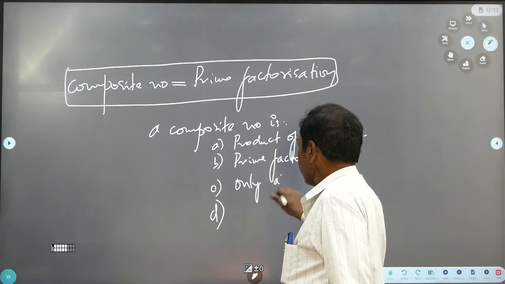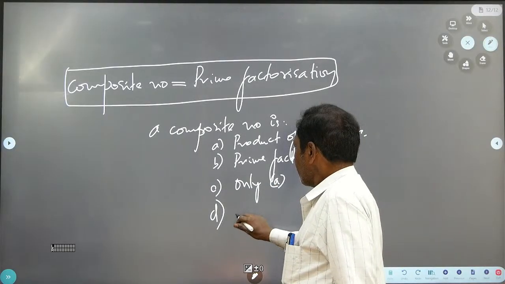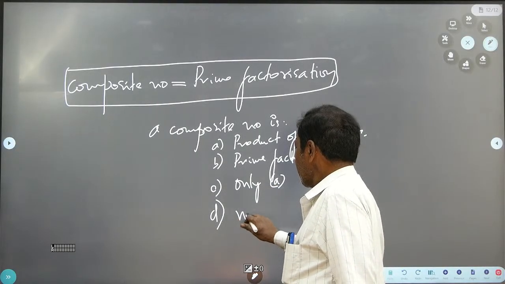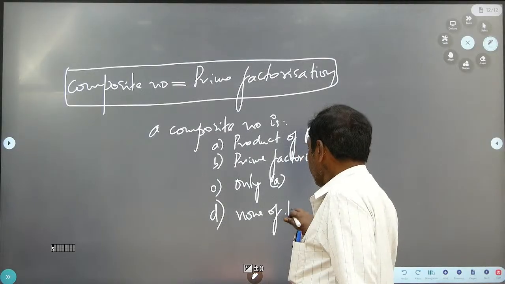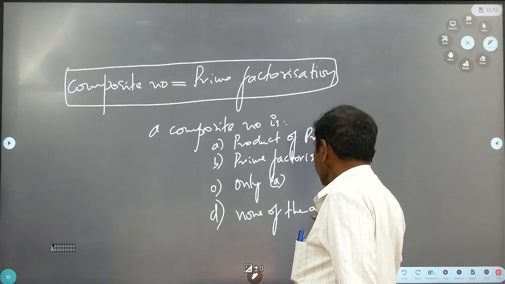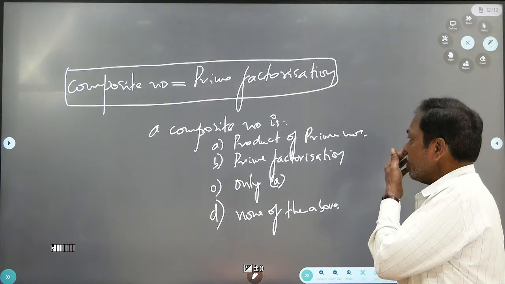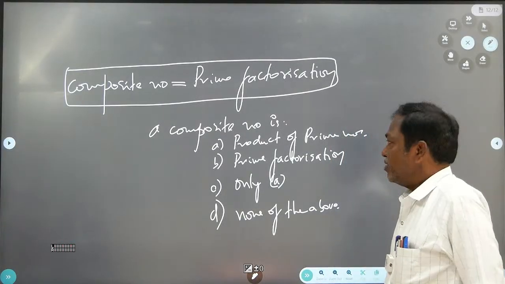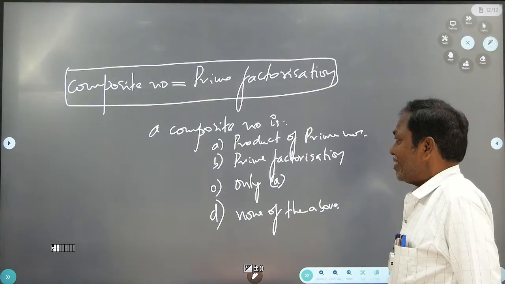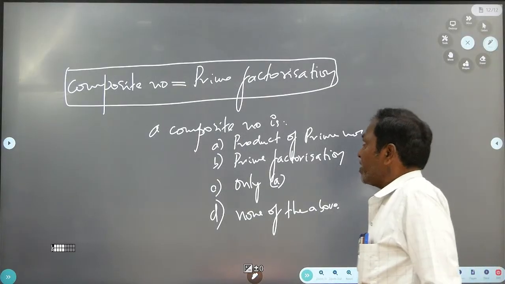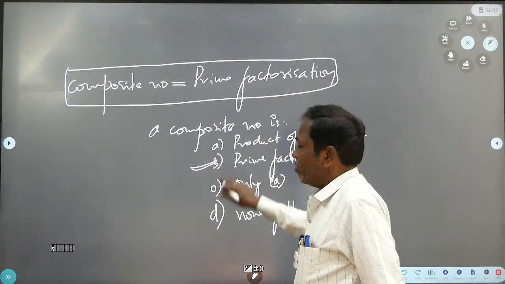So we have to choose either A or B. Prime factorization is the correct option.